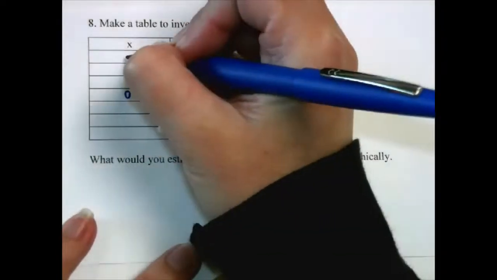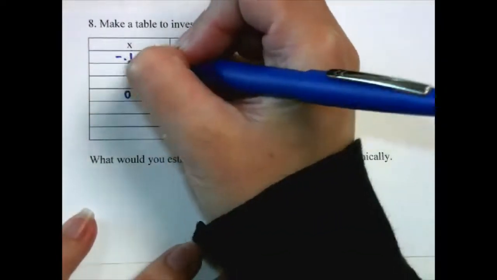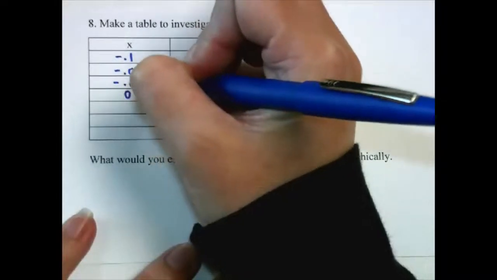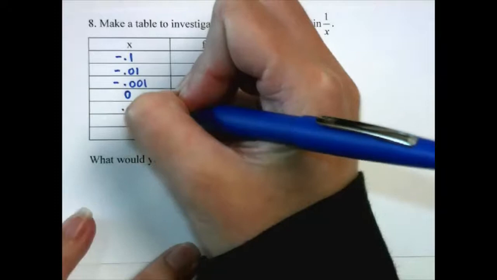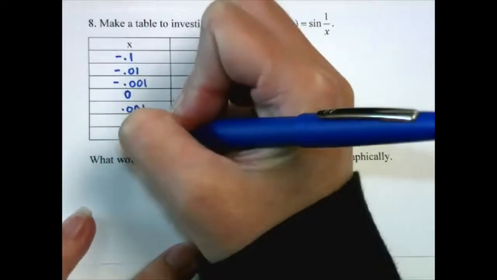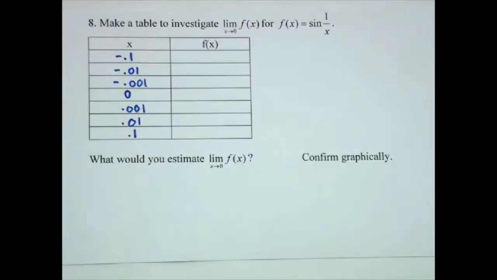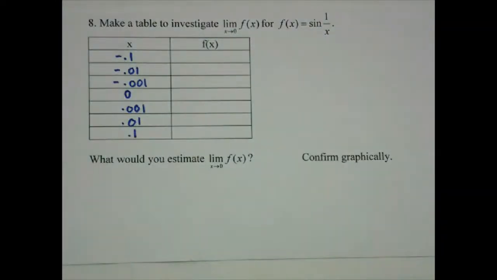All right, so again, I'm looking at 0. So I'm going to do those same values, let's do -0.1, -0.01. You can make up whatever values as long as they're close to 0. Okay, and I'm going to use the calculator to do those.